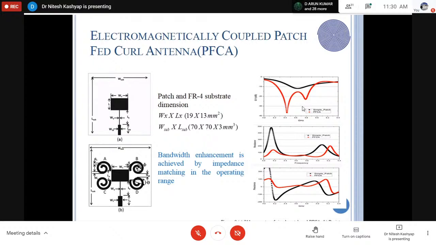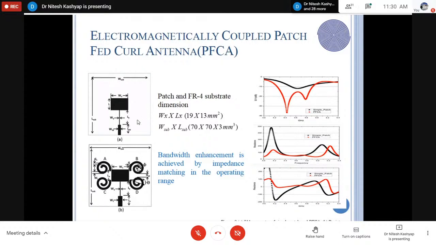Okay, so the bandwidth enhancement is achieved by impedance matching in the operating range. Okay, so see, there are some input impedance parameters, and we improve in a broadband manner.